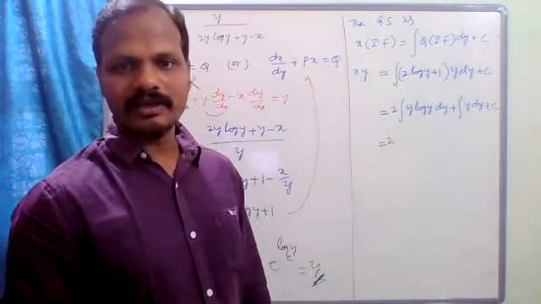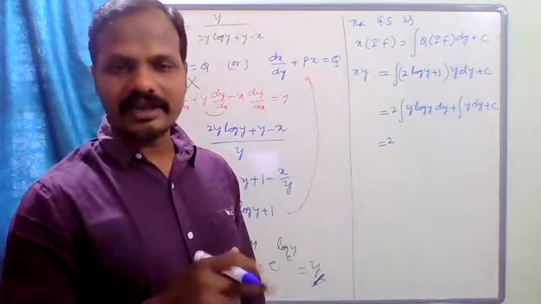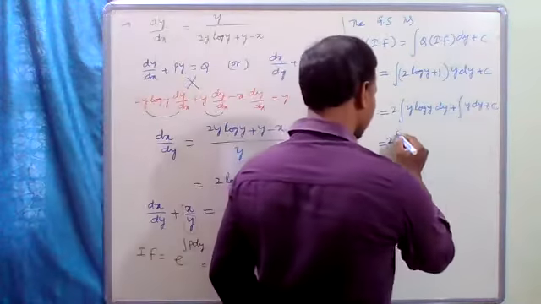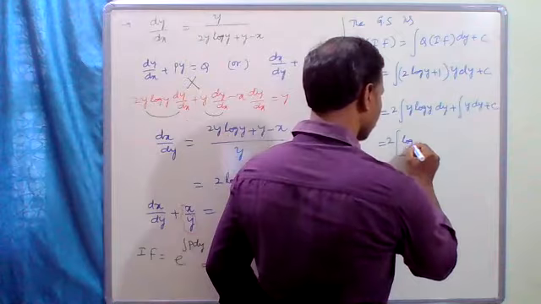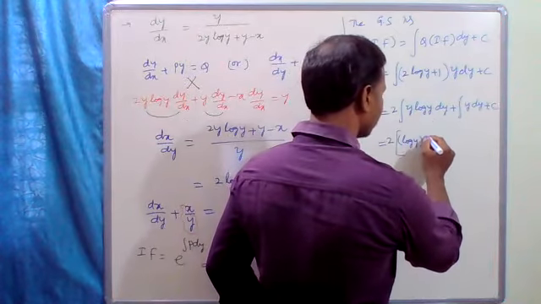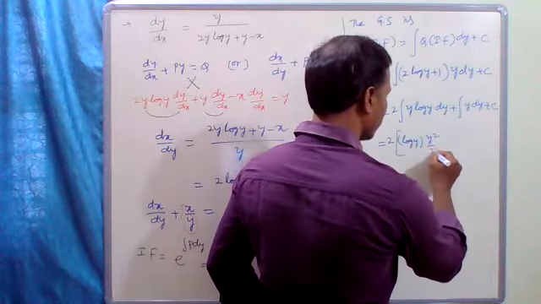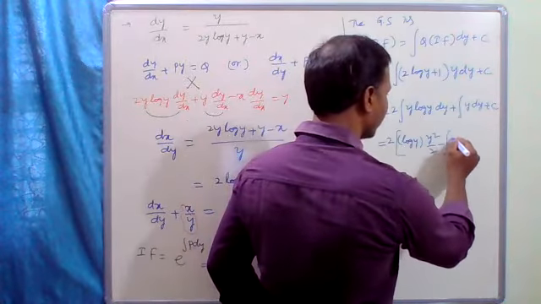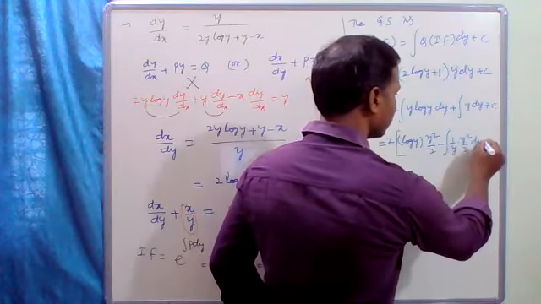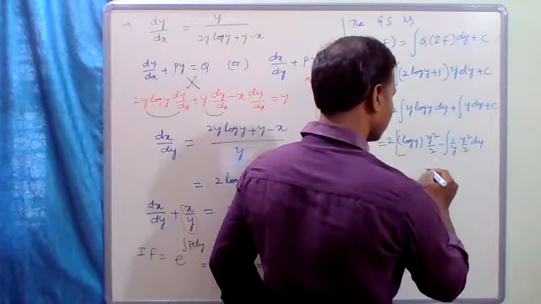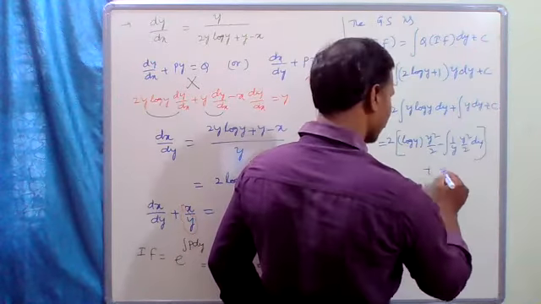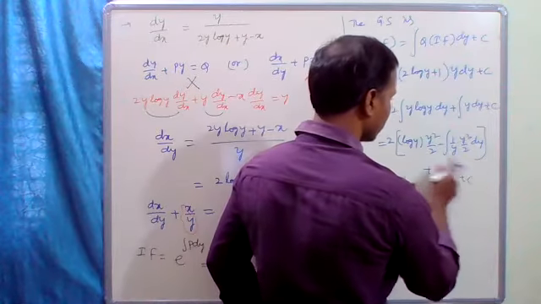You have to apply the ILATE method. Logarithm is first, so log y into the integral of y, which is y square by 2, minus integral of the derivative of log y, 1 by y, into y square by 2 dy, plus integral of y dy, y square by 2, plus c.